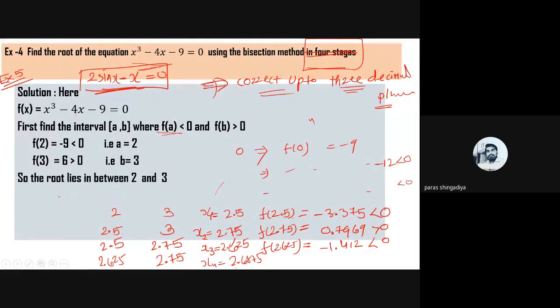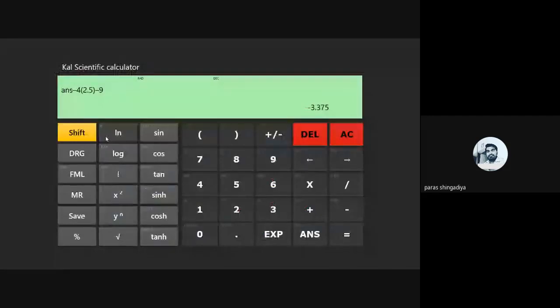Type 2 sin 1 minus 1 in your calculator. That is the 2 sin x minus x form. So you'll get the answer 0.6829. That is the value at 1. Just verify it.